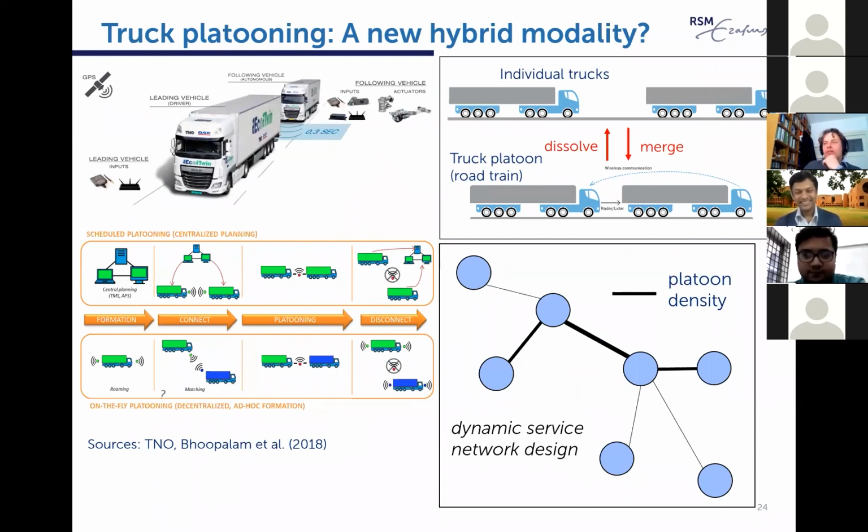But one of the things that we're looking at in automated transportation is truck platooning, and we're also looking at other types of automated transportation. And one of the things that we're currently investigating is that autonomous vehicles are notoriously collecting and generating data.